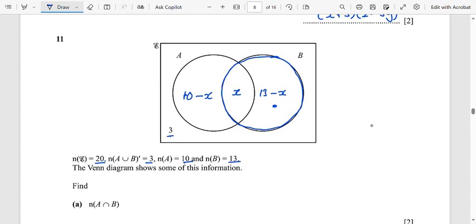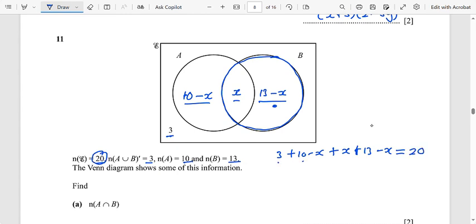So if we say 3 elements which are found outside of those two sets, plus 10 minus X elements which are found in A only, plus X elements which are found in both set A and set B, and 13 minus X elements which are found in set B only, should give us the total number of elements in the universal set, which is 20.